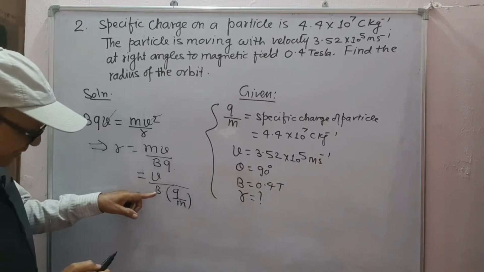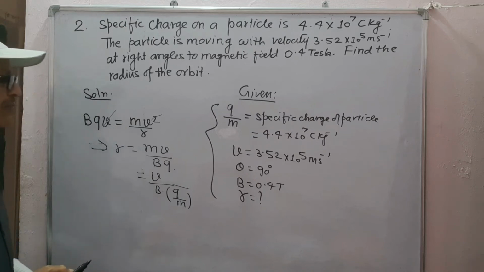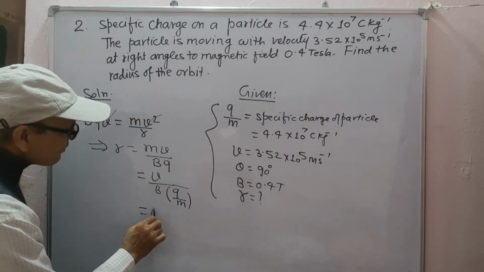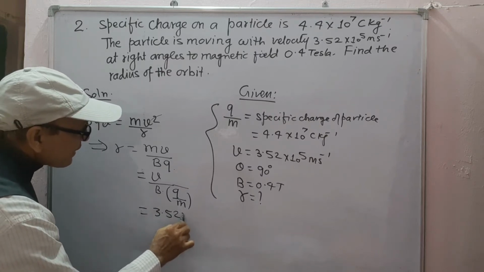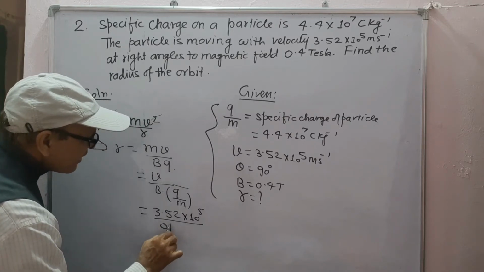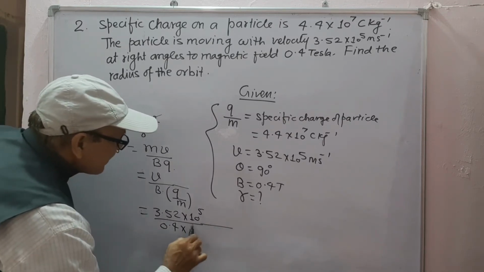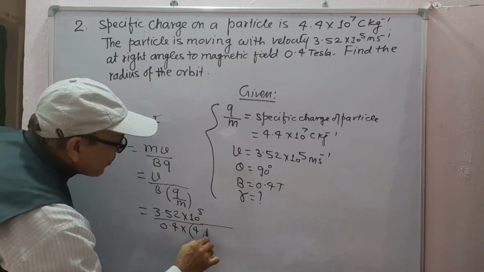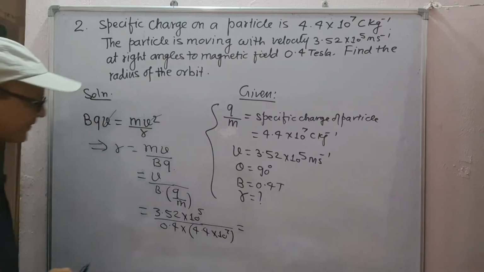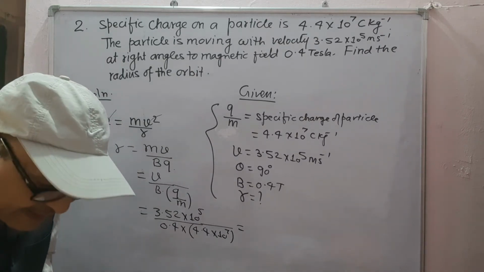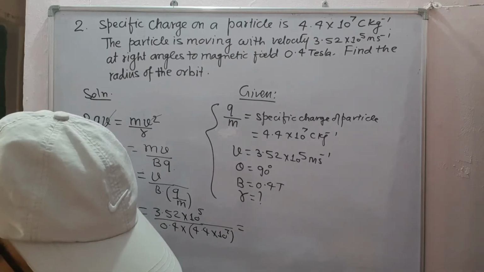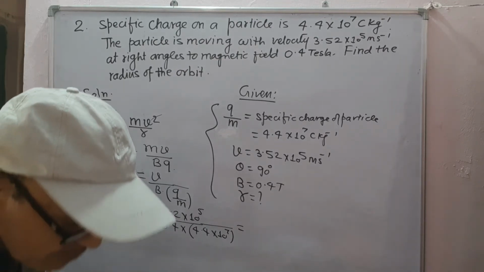Now, B and q by m are known, so you can calculate this as 3.52 into 10 to the power 5 upon magnetic field 0.4 Tesla, specific charge 4.4 into 10 to the power 7, and on simplification we get the radius as 0.02 meter.